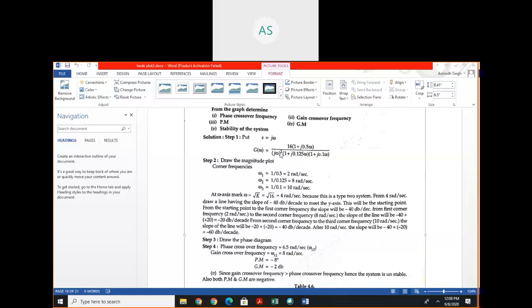Because there are two poles at the origin. So draw a line from 4 radians per second of minus 40 dB per decade and produce this line. This line meets the y-axis at a certain point, and this will be the starting point of the Bode plot.